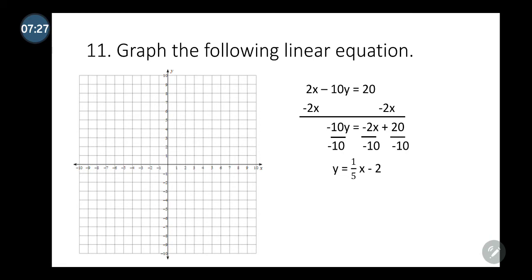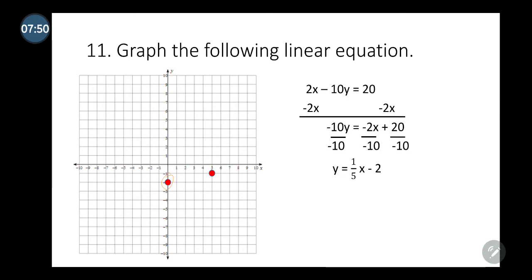So let's graph this now. My y-intercept is negative 2, so I'll put a point at negative 2. My slope is 1/5. So from my y-intercept, from that negative 2, I'm going to go up 1 and to the right 5.